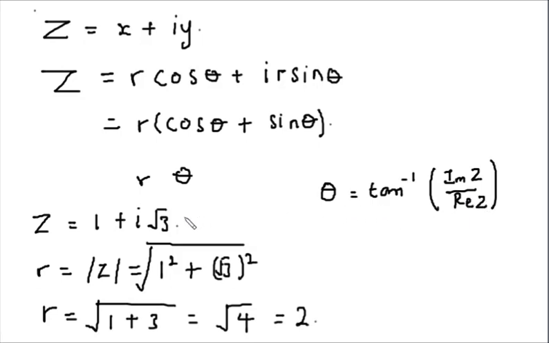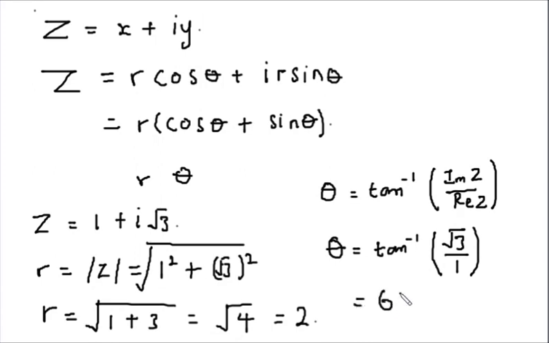Our imaginary part from this question is root 3. So theta will be equal to tan inverse of root 3 over 1. And we know that tan inverse of root 3 from our calculator is 60 degrees.